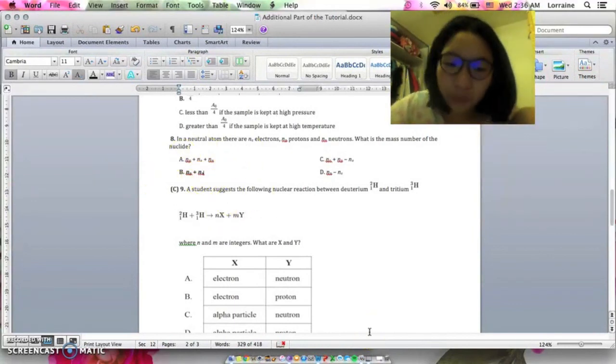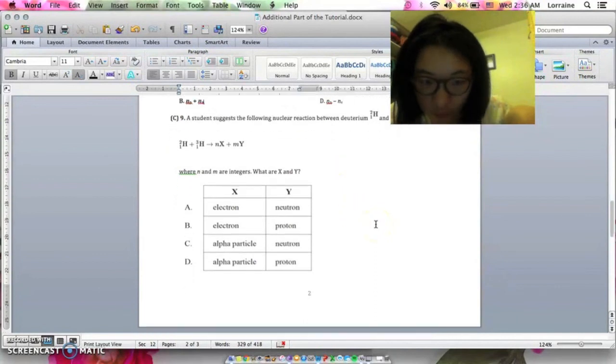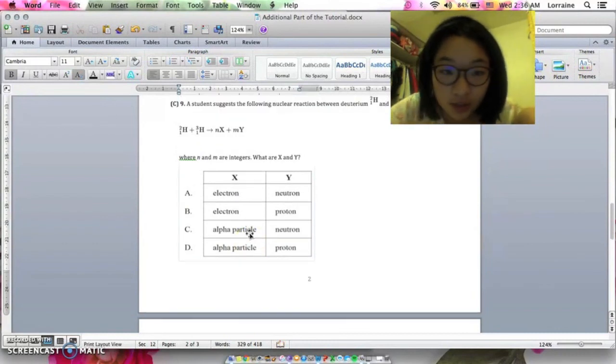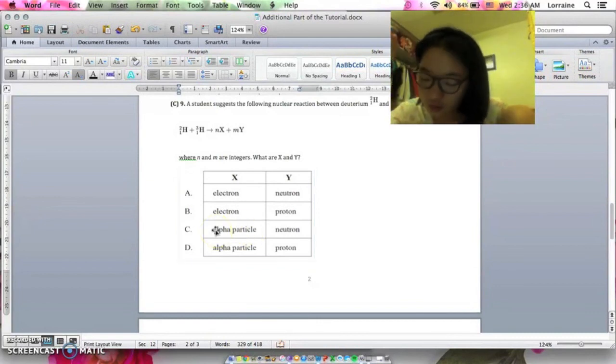Next, number 9. The student suggests the following nuclear reaction between deuterium and tritium, where n and m are integers. What are x and y? For this number, the answer is letter C. Remember, an alpha particle has 4 on top and 2 below.